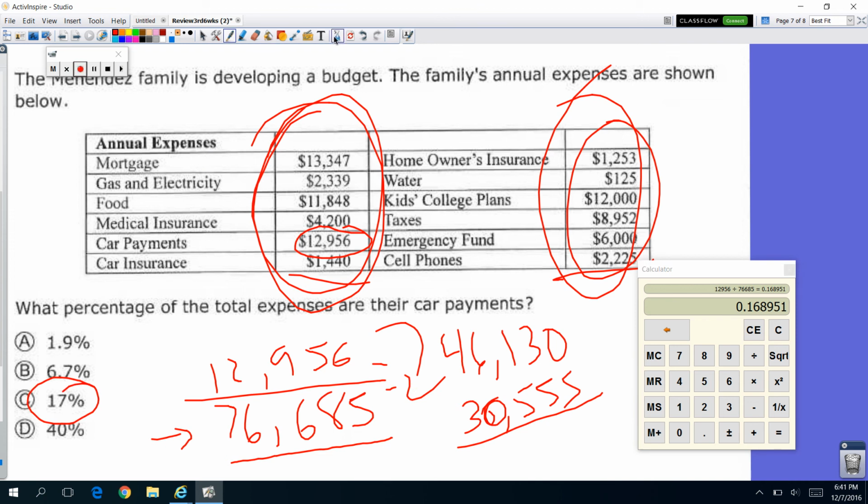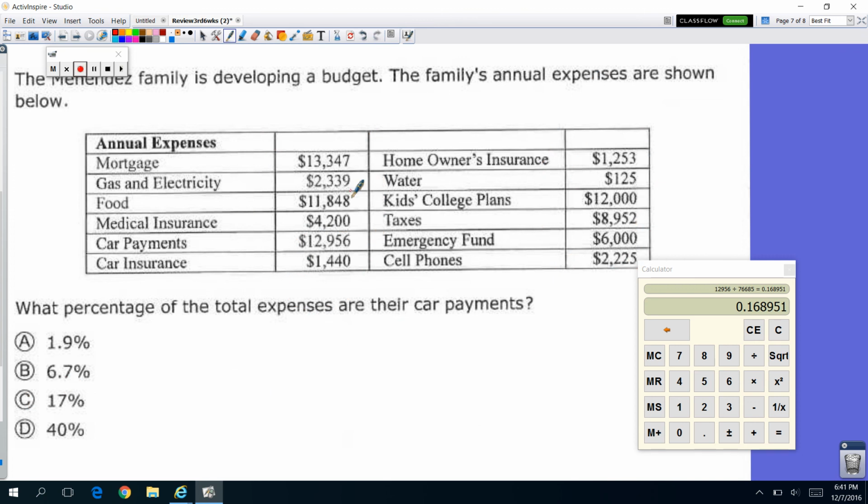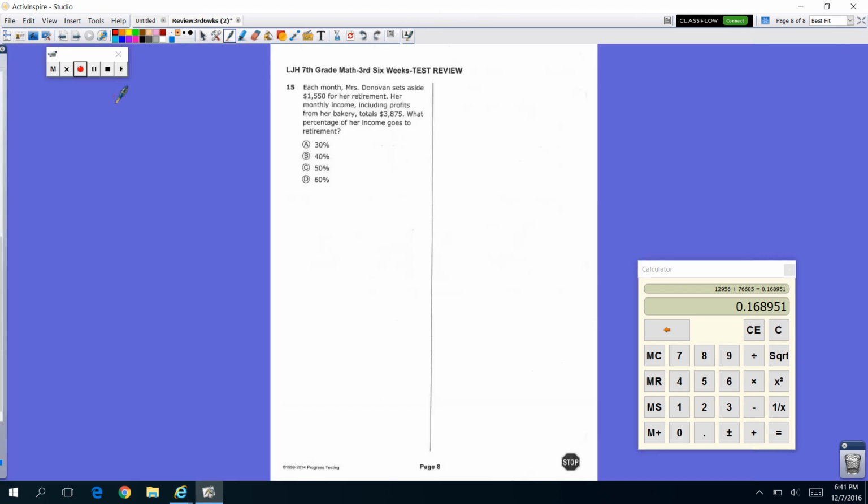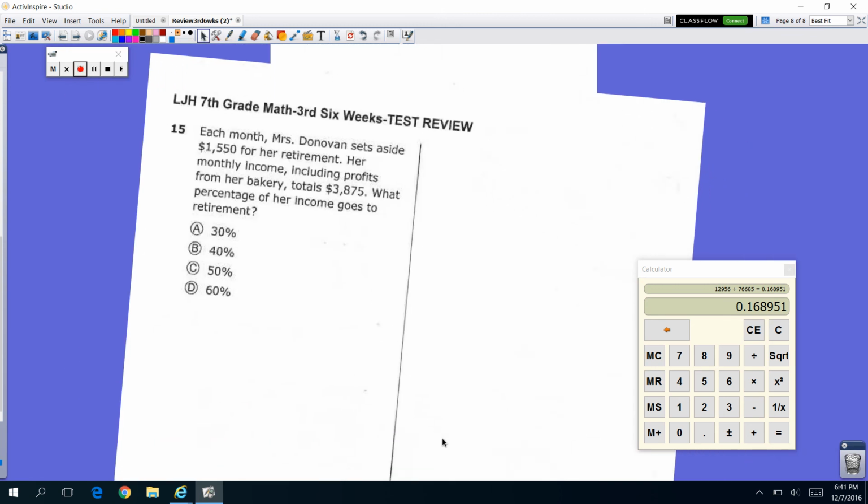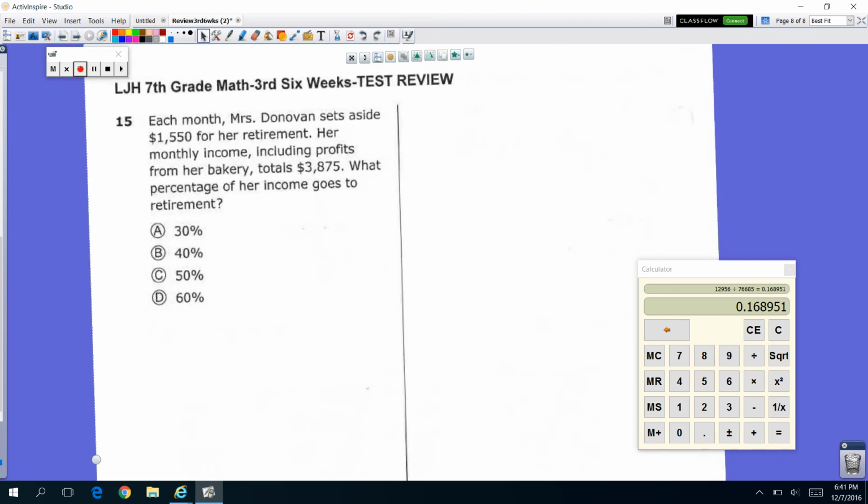So now I'm going to go ahead and go to the last one. Again, rewind it if you need to. Okay, and here's the last one. It's number 15. Oops. I always forget. This one is kind of confusing. This is how much they're saving.